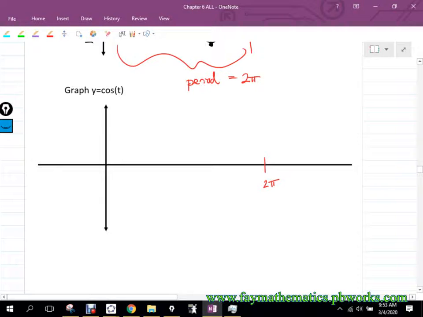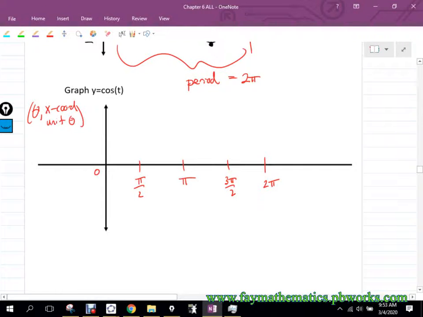So cosine starts at 0 again, go to 2 pi, cut halfway in between, gets pi, cut halfway in between, gets pi over 2. Gives me 3 pi over 2. Those are the starting points. Those are the same as the sine, right? Okay. Now cosine is our x coordinate from the unit circle.